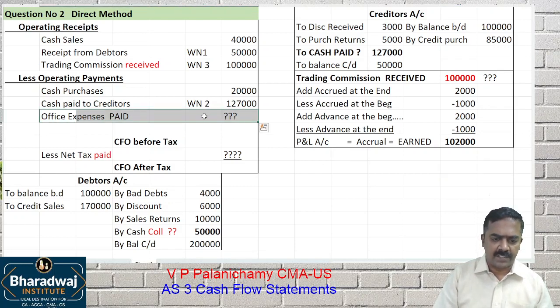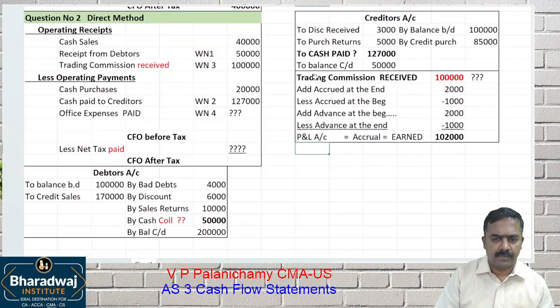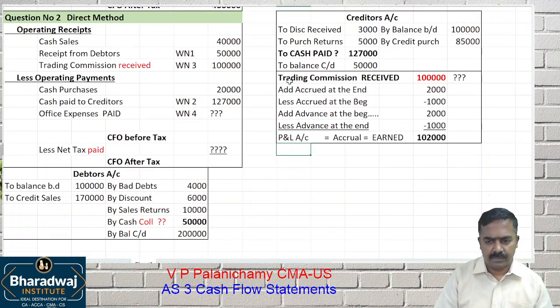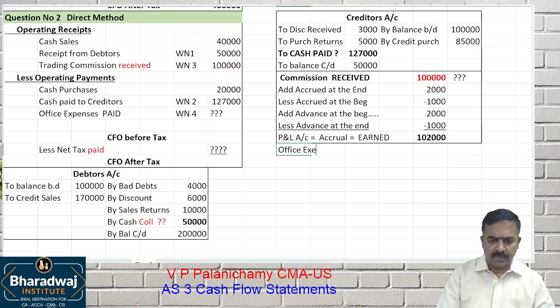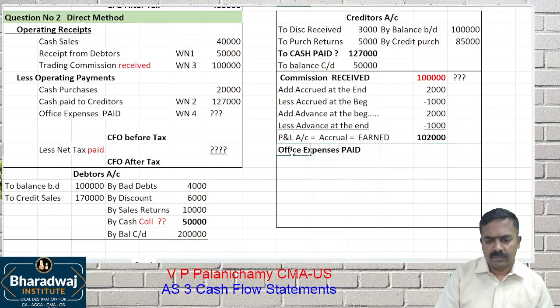Same way we have to work out office expenses paid. Normally, when office expenses paid is given, what will you do?